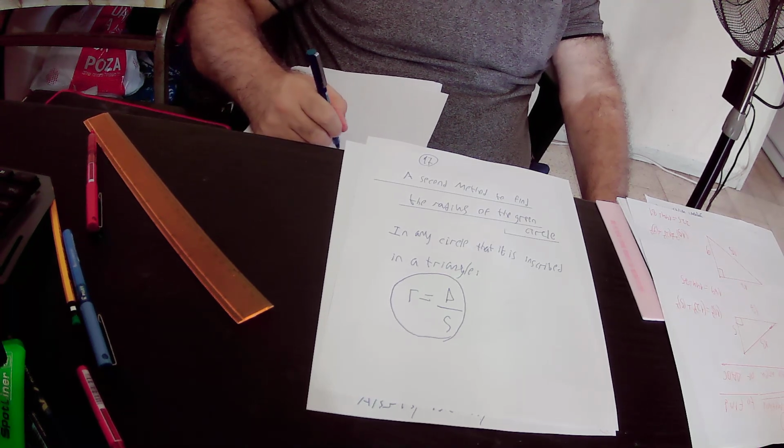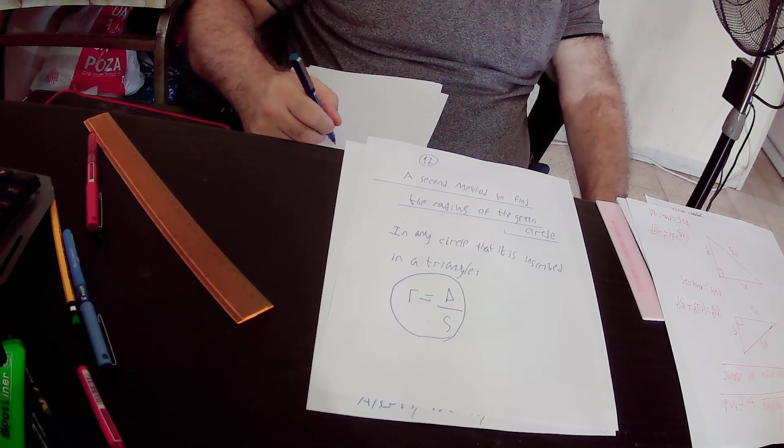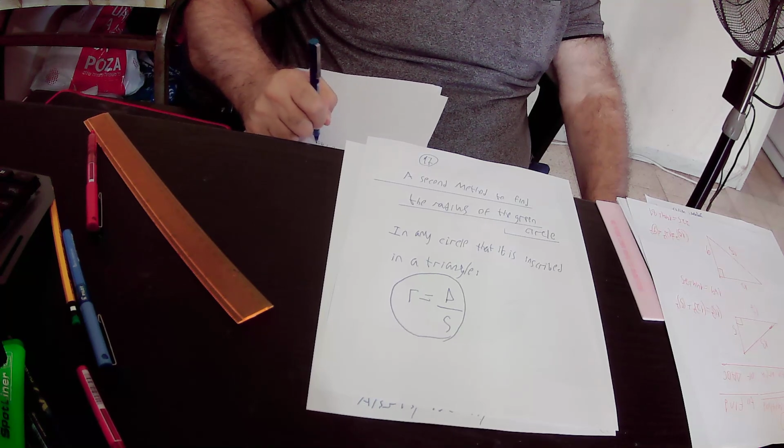The semi-perimeter of triangle ABC equals 21 units.